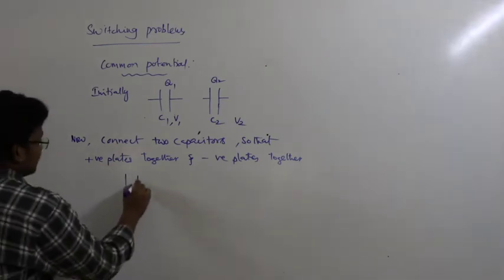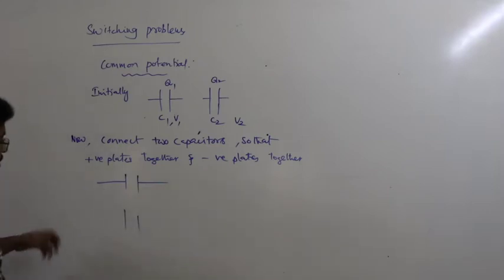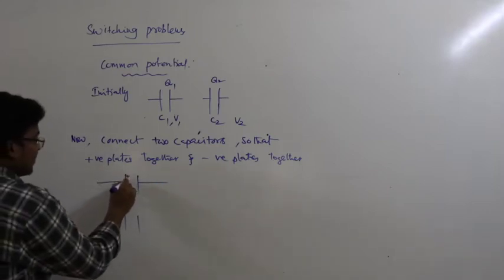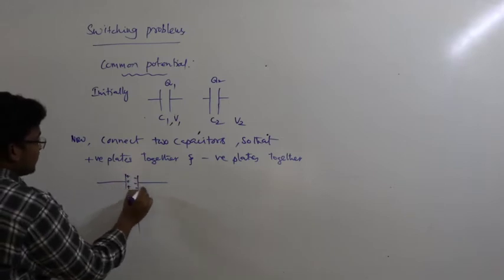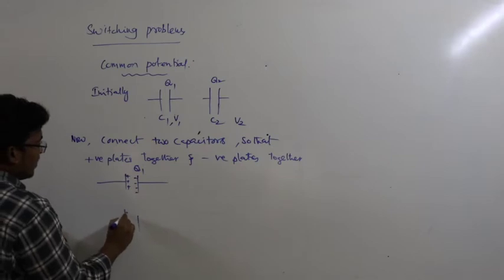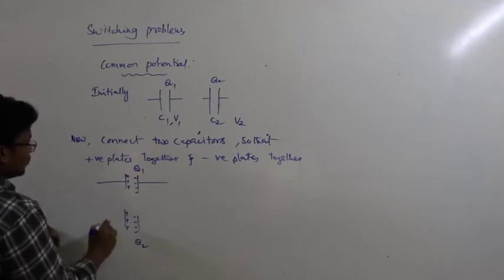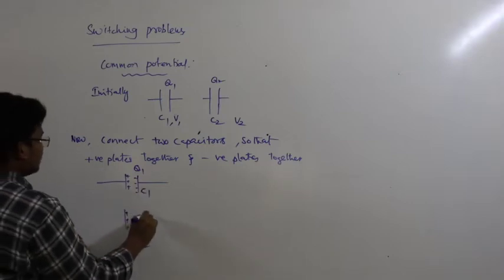So this is the first capacitor and this is the second capacitor. Already you know that charge is there, this is plus, this is minus, and this is Q1, right? And on this plate the charge is Q2, and this is C1 and this is C2.